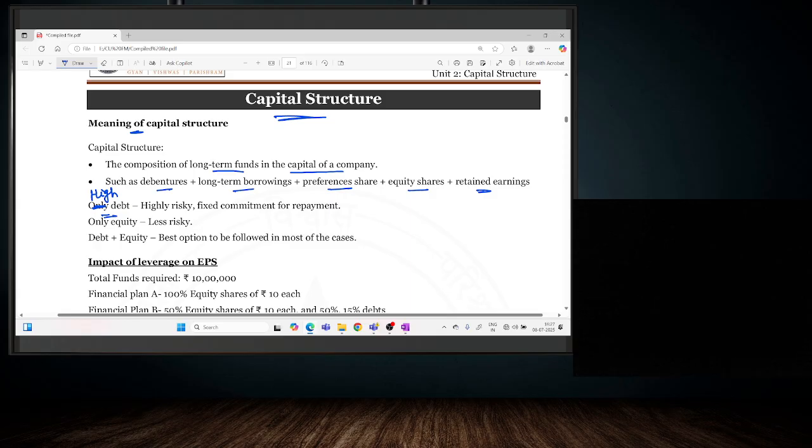Then the company is considered to be highly risky because they have a fixed commitment for payment, which means whether the company is generating profit or incurring losses, they have to pay a fixed amount of interest. So a company with a higher level of debt is considered highly risky. Is it clear? Any doubt?